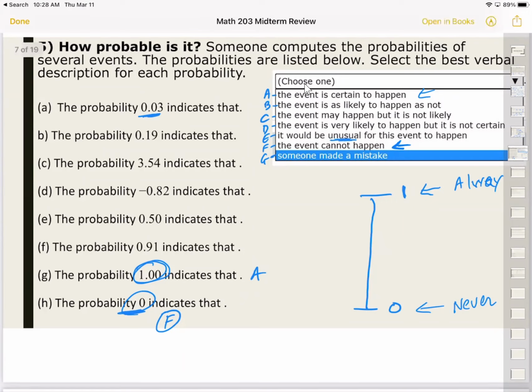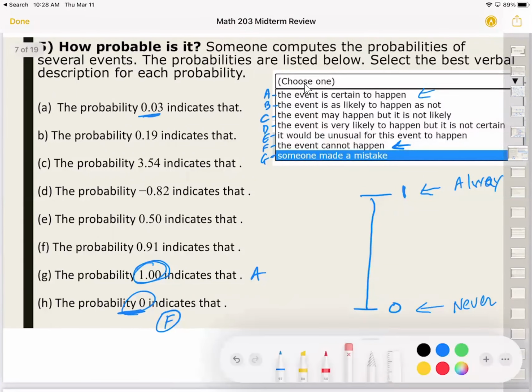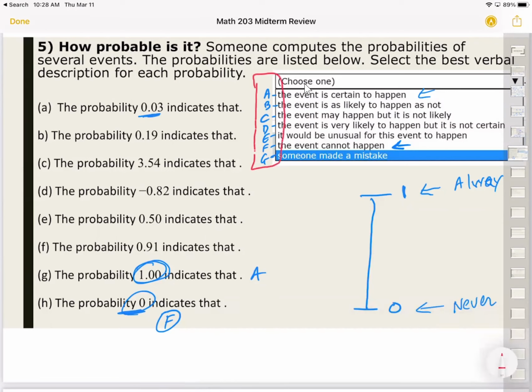As long as your probability is below 0.05, we say it's unusual. So among these options, the only one that fits the description is the unusual event, option E. For this particular problem, it basically asks what item fits the event that we have.